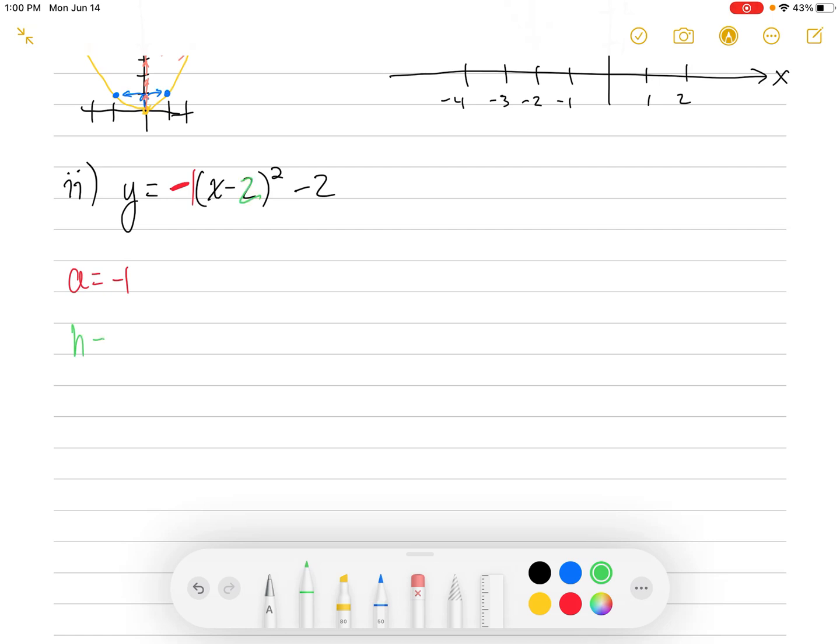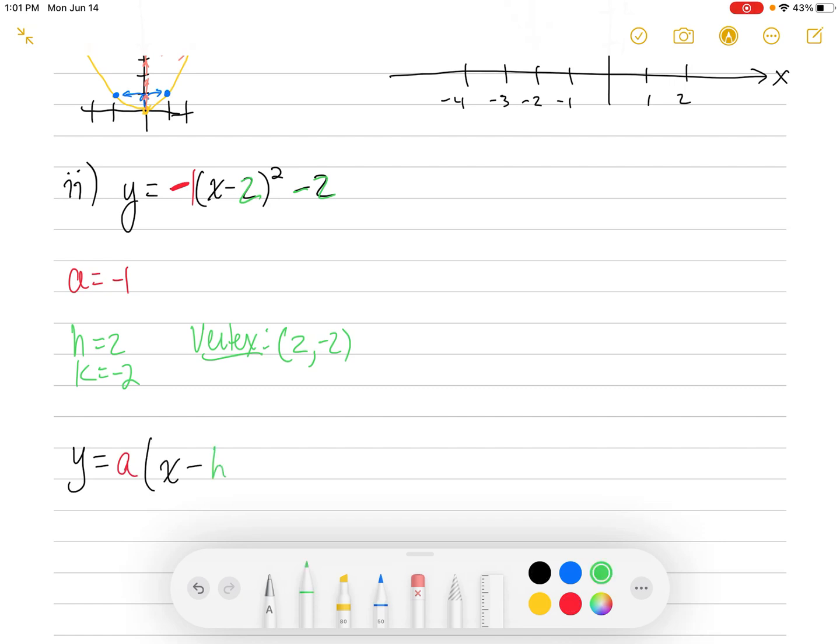And your vertex, so your h here is going to be 2, and your k is going to be minus 2. So the vertex, you can say, is 2 and negative 2.